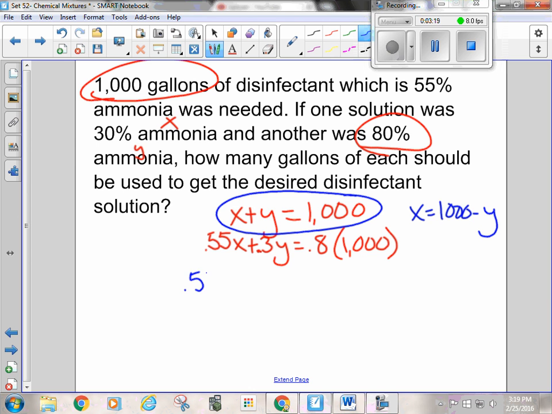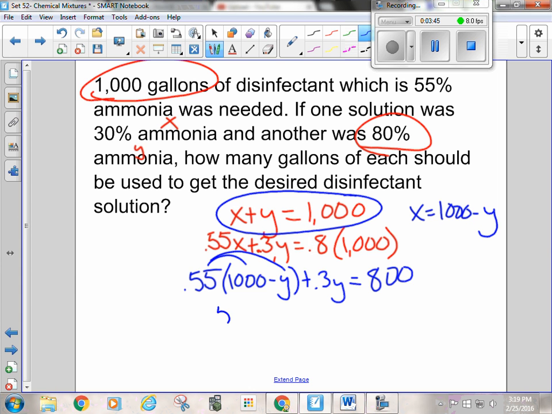So I have 0.55 times (1,000 minus Y) plus 0.3Y equals, and I'm just going to simplify, 80% of 1,000 is 800. Now I'm going to distribute my 0.55 to my terms inside the parentheses. So I get 550 minus 0.55y plus 0.3y equals 800.